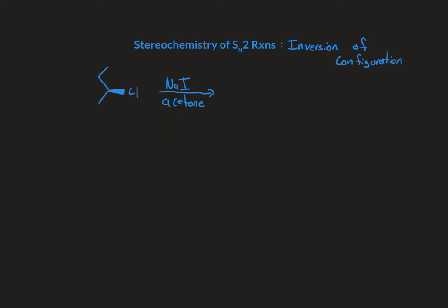What that means, if we look at this particular reaction with sodium iodide and 2-chlorobutane, is that if that chlorine is on a heavy wedge, the product, my iodine, is going to be on a hashed wedge, going into the page instead of coming out of the page.